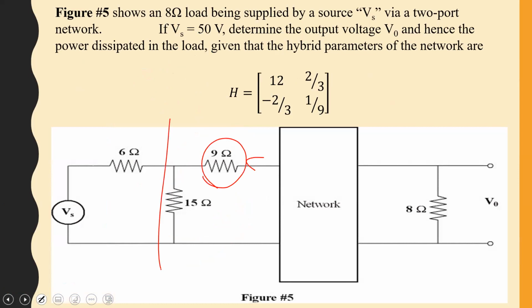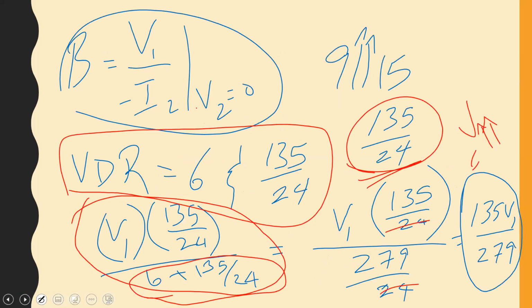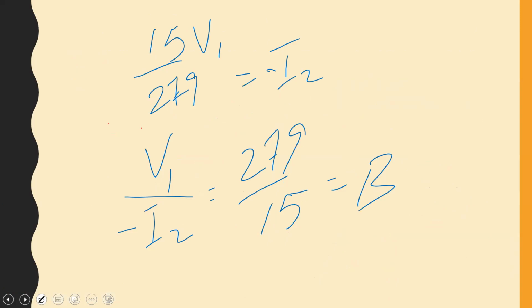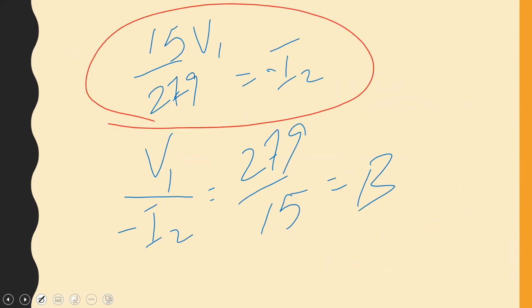So the current through the 9 ohm would be that voltage divided by 9, which is what we have done. So V1 over minus I2 is 279 over 15, which is B.